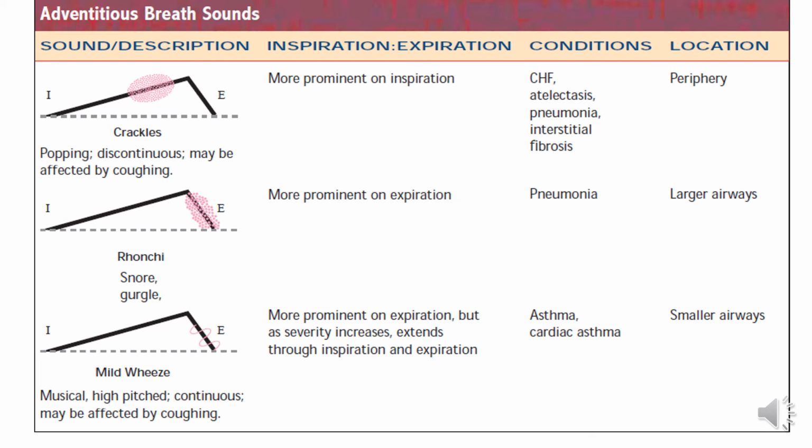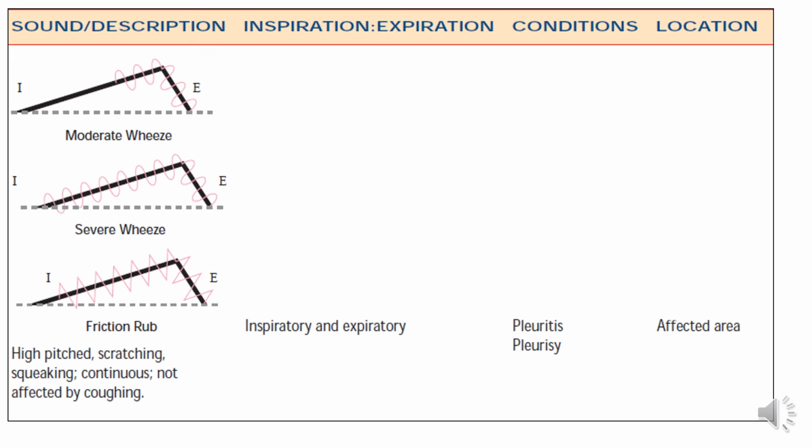This wheeze is a musical, high-pitched, continuous whistling sound when air passes through a constricted bronchi. The other adventitious sounds also include moderate wheeze, severe wheeze, and the other one known as the friction rub.